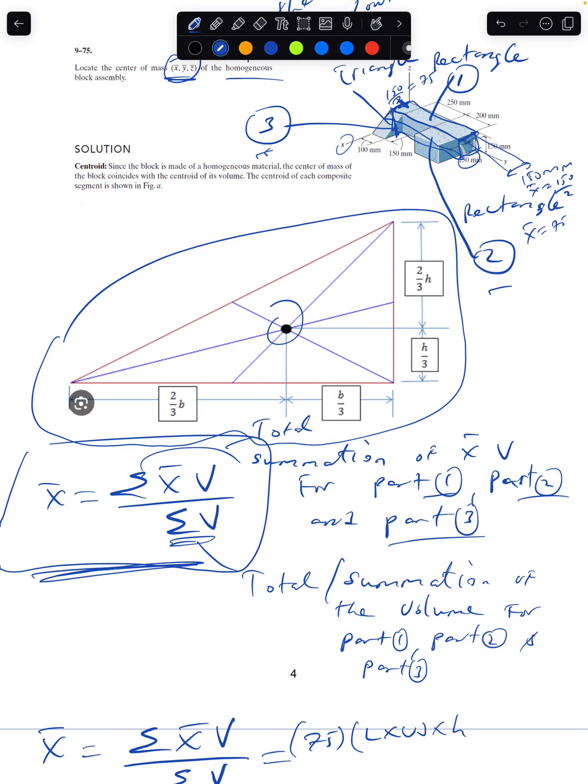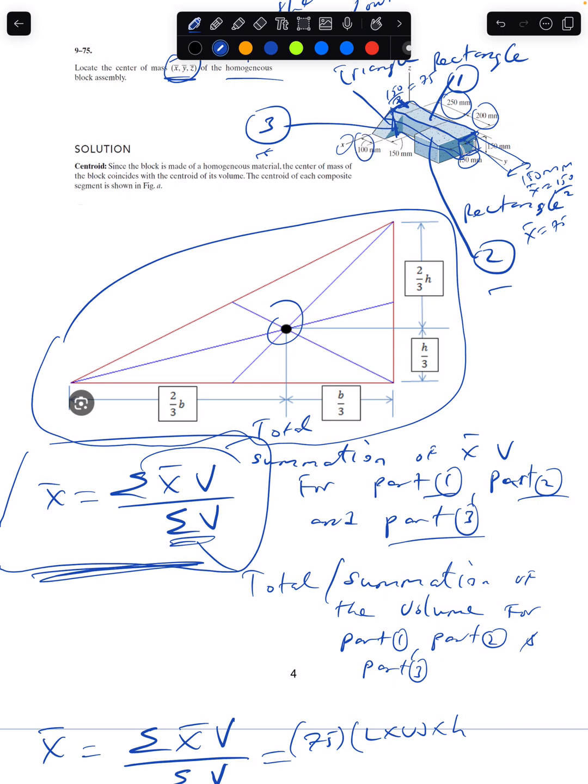If you want to start with the longer side, I'll have 200 plus 250, which is 450, plus 100, and that will be 550.